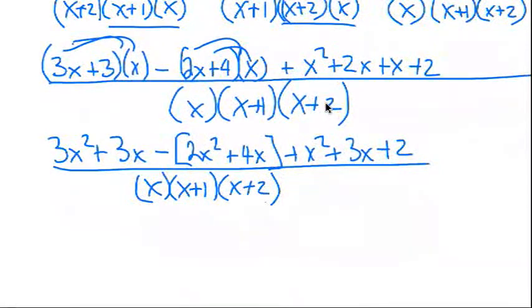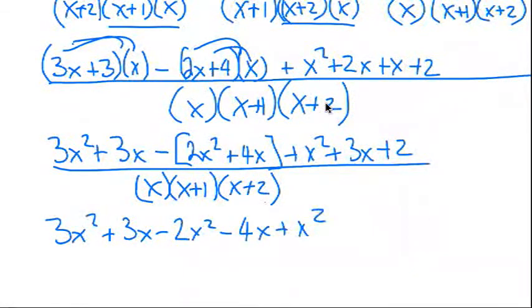Getting there. 3x squared plus 3x minus 2x squared minus 4x plus x squared plus 3x plus 2.